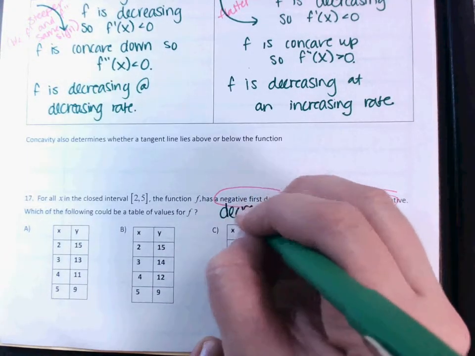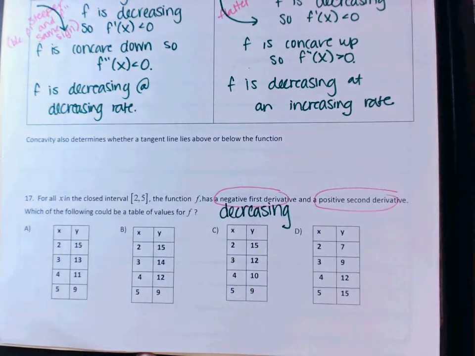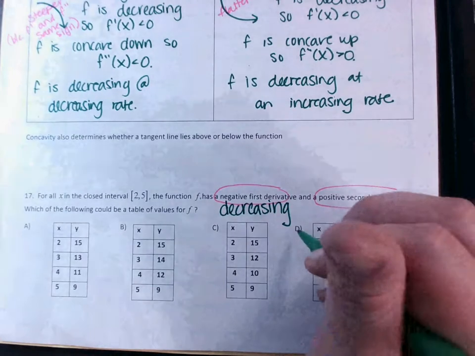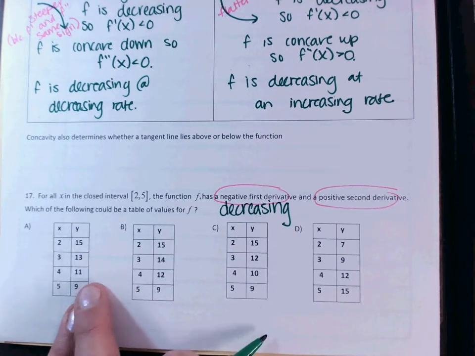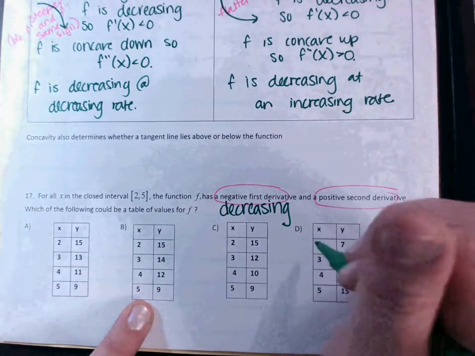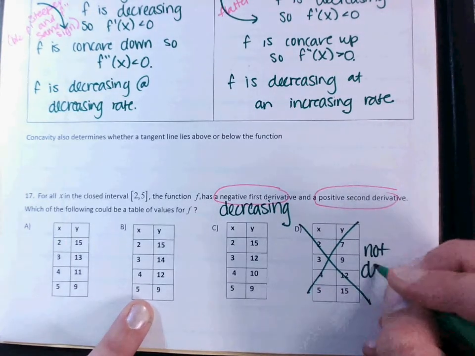Okay, look at the graphs. Which one is not decreasing? Well, we want our y's to be decreasing, yeah? So 15, 13, 11, 9. Are those going down? Yeah, 15, 14, 12, 9. Which one's out? D. Okay, that one is not decreasing.